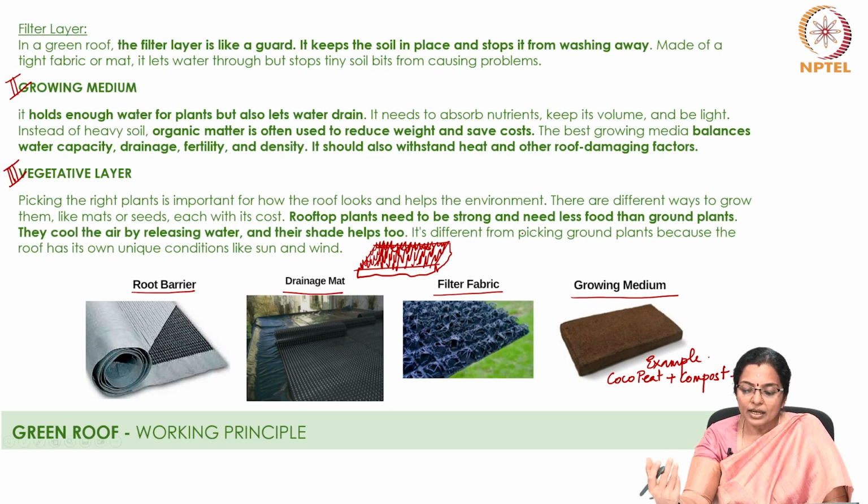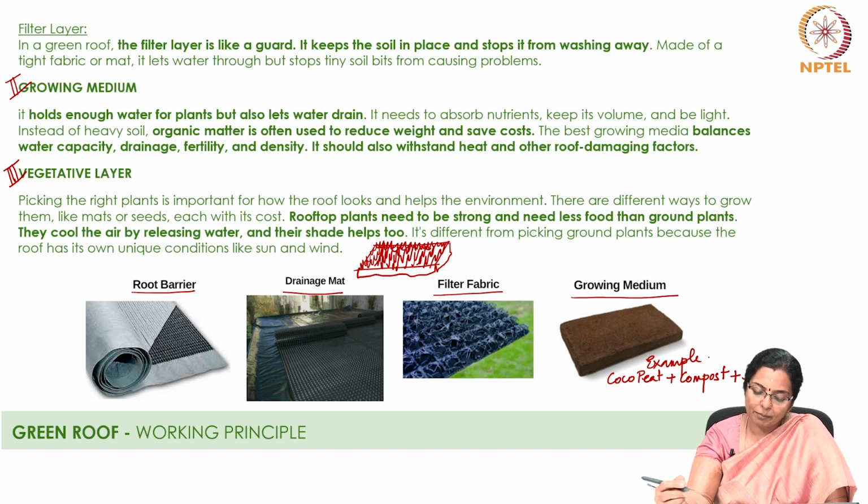Now the rooftop plants need to be strong and need less food than the ground plants. So we must not use plants which are voracious eaters and require high maintenance. They cool the air by releasing vapor and the shade helps too. It's different from picking ground plants because the roof has its own conditions pertaining to the sun and the wind.